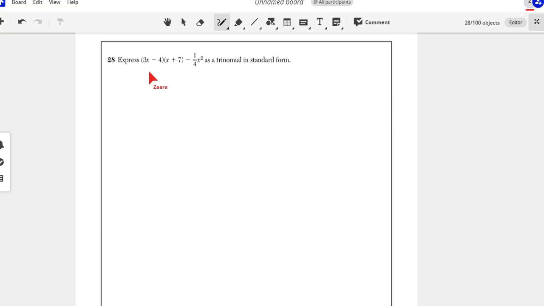Express 3x minus 4 and x plus 10 minus 1 fourth x squared as a trinomial in standard form.